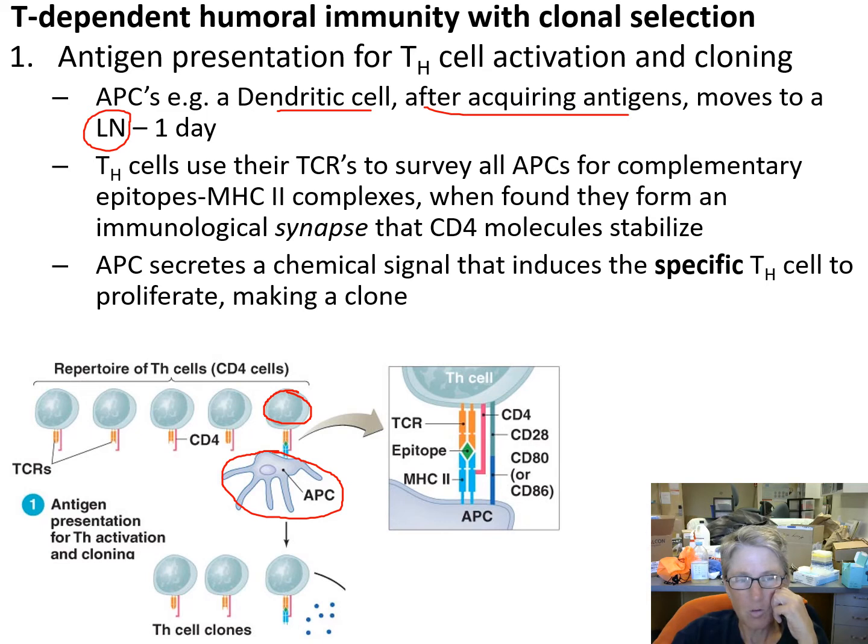So helper T cells use their T cell receptors to survey all antigen presenting cells for complementary epitope MHC2 complex.